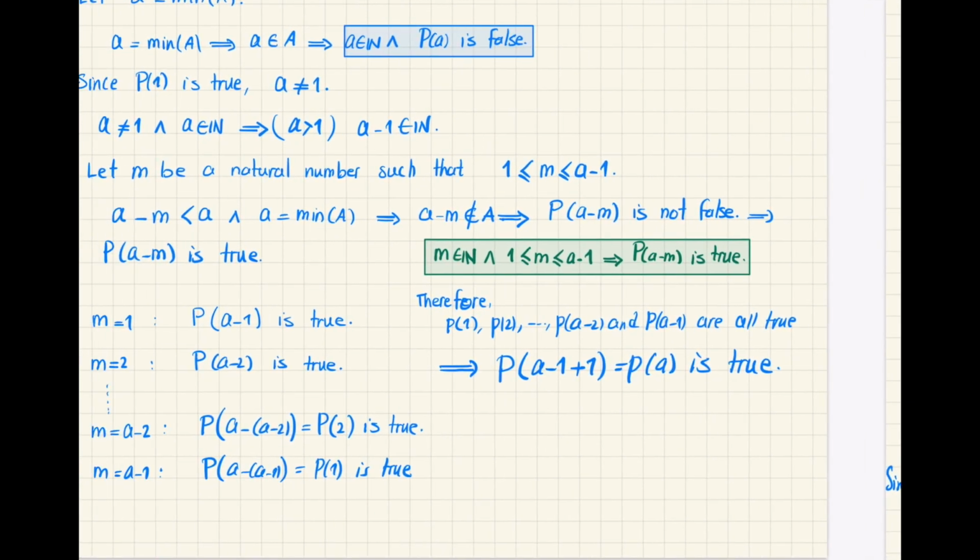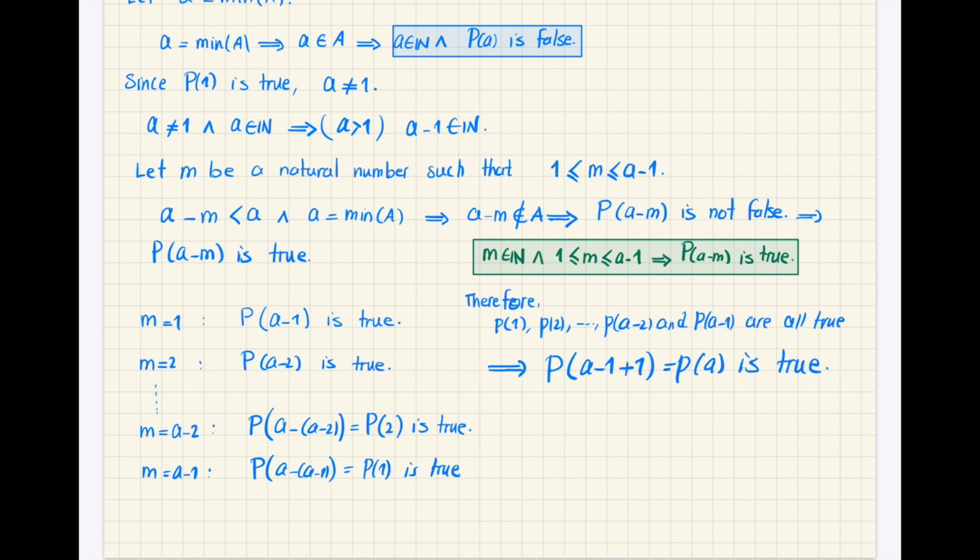Okay? But now this is my contradiction, yes? Why? Because here we learned that P of A is false. Then simultaneously I have to admit that P of A is true as well. So this is a contradiction. This contradicts the statement that P of A is false.